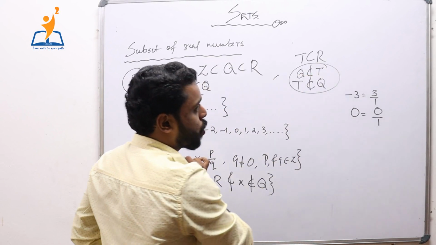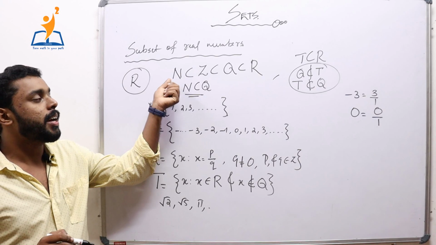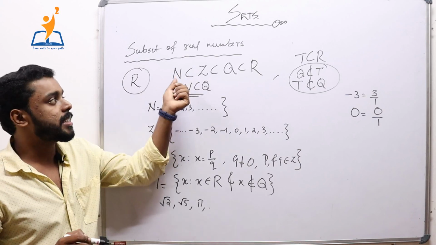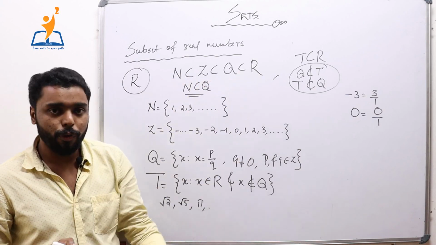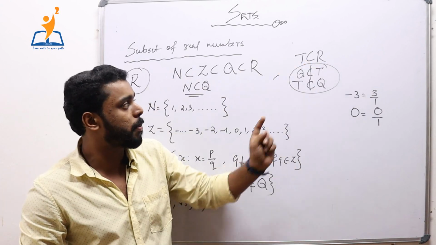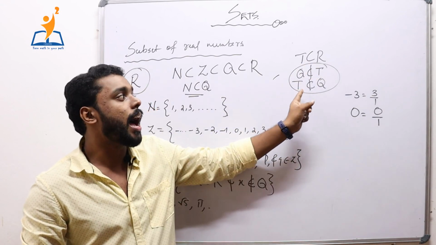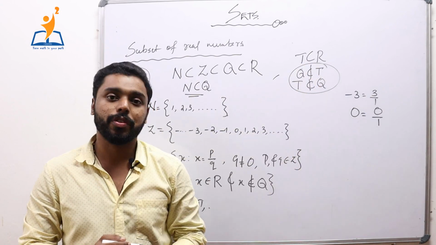So remember these two results also. So from this discussion, N is a subset of Z, Z is a subset of Q and Q is a subset of R. The set of all irrationals T is a subset of the set of all real numbers, rationals are not a subset of irrationals and irrationals are not a subset of rationals.